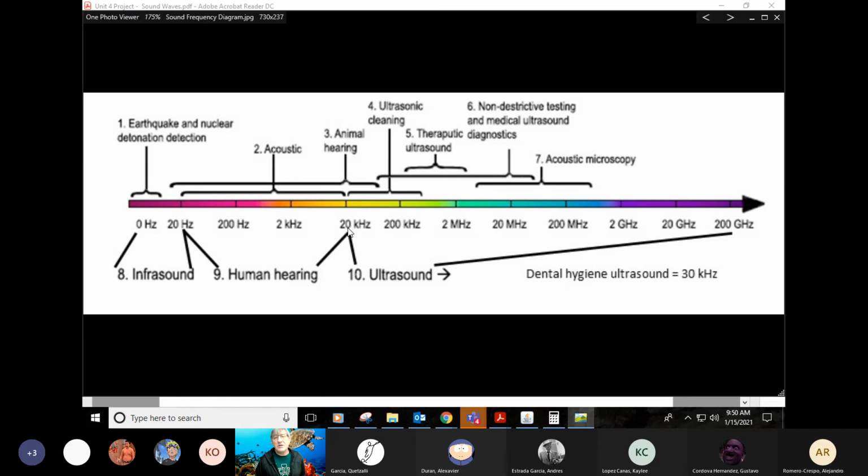But if it goes beyond 20,000, let's say it goes to 100,000 and they're like, oh, look how far this goes up. Well, you can't hear that anyway. You can't hear beyond 20,000. So why pay money for speakers or headphones that go up to 100,000? You would never hear a frequency beyond 20,000.